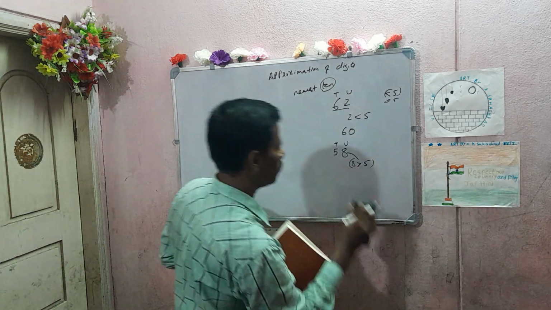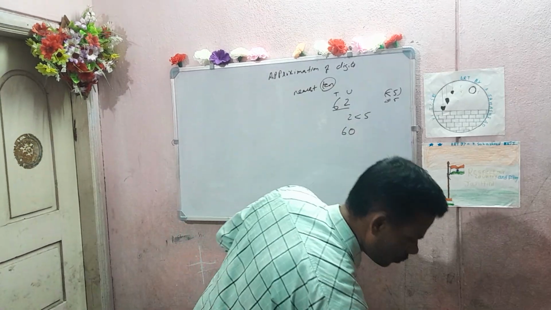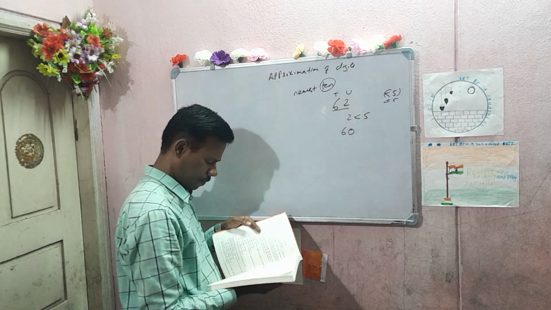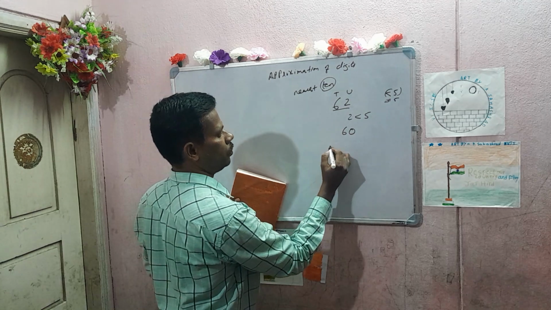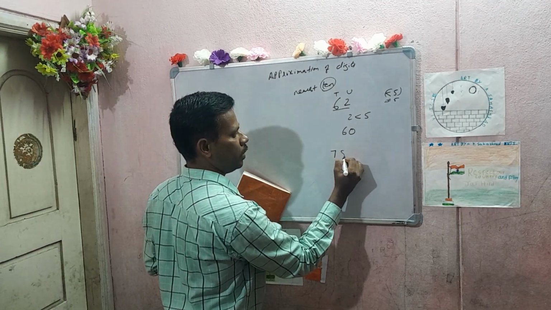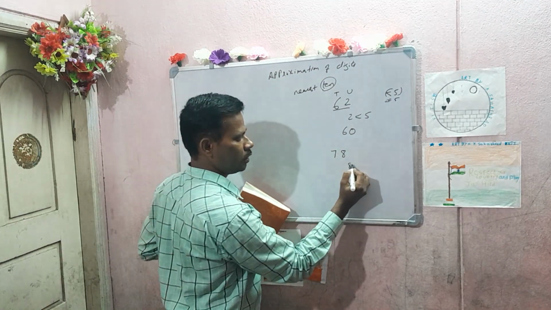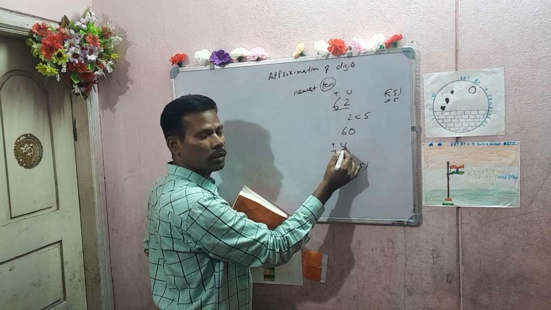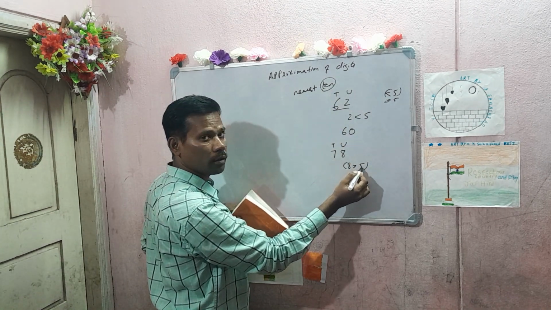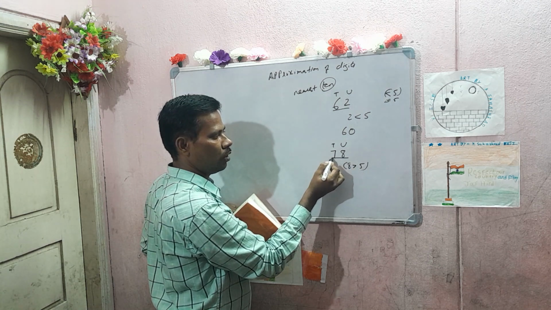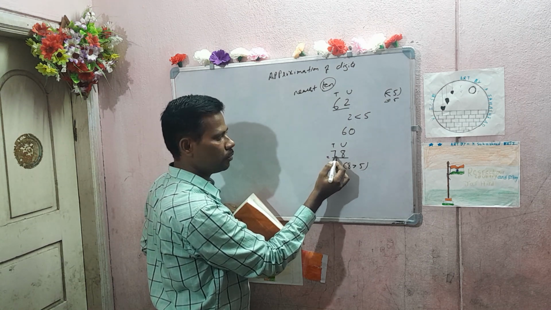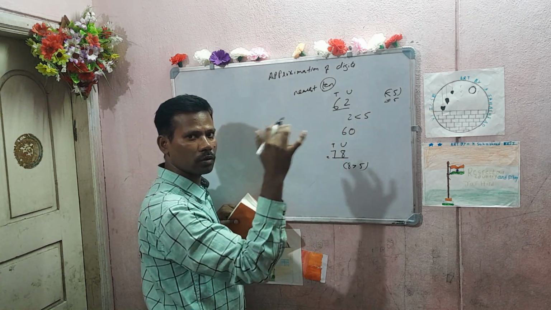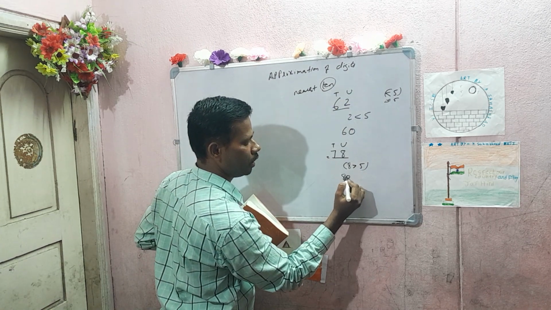Another example, 78. Unit digit is 8, greater than 5. So underline this and add 1 to the previous one. Nearest to 10 means counting of tens, 10, 20, 30. So 7 becomes 8, it becomes 80.